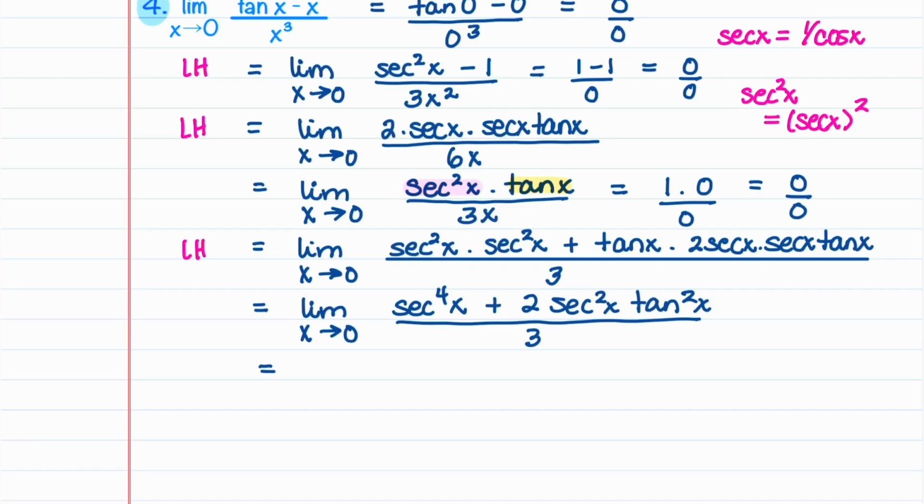Now let's go ahead and let x be equal to 0. So we have secant of 0, which is 1, plus 2 times secant squared of 0, which is 1, times tangent squared of 0, which is 0, all divided by 3. And this gives us a value of 1/3. So our limit is equal to 1/3.